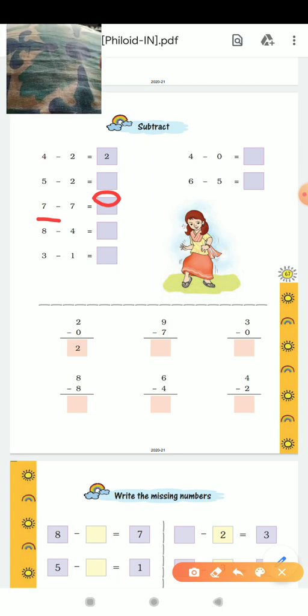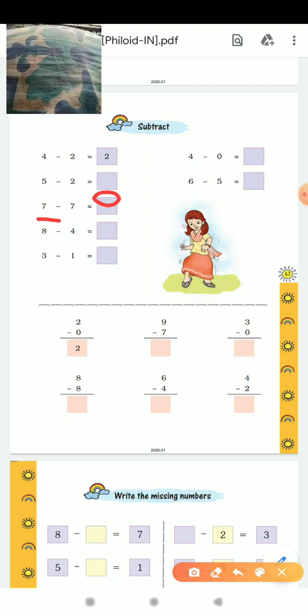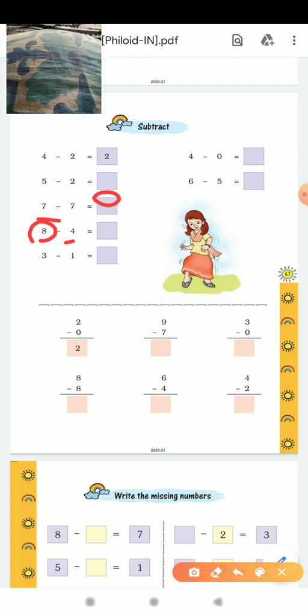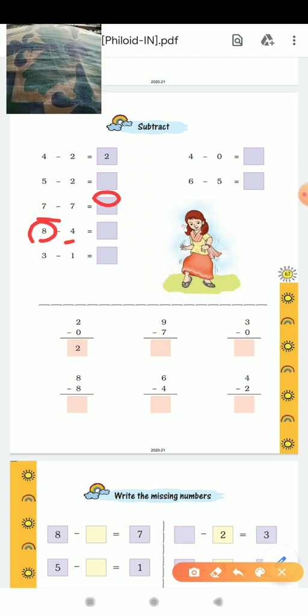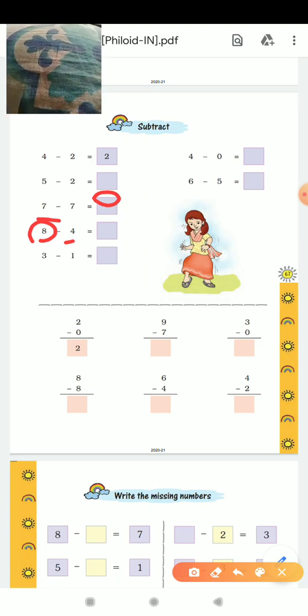Next number is 8 minus 4. So our first number is bigger than the second number. It means it is right. Now we have to start counting from 4. What comes after 4? 5. So we have to start counting from 5 onwards up to 8.